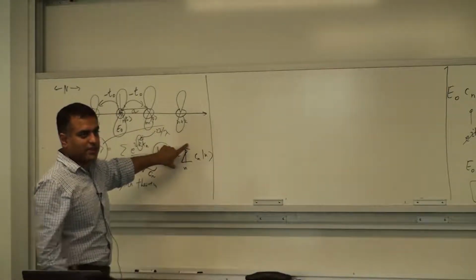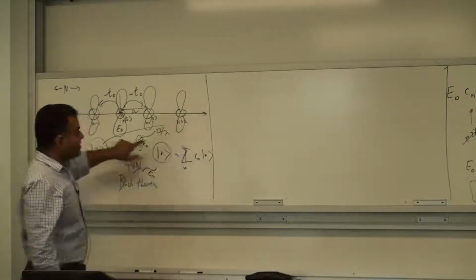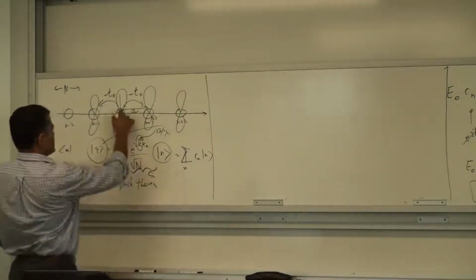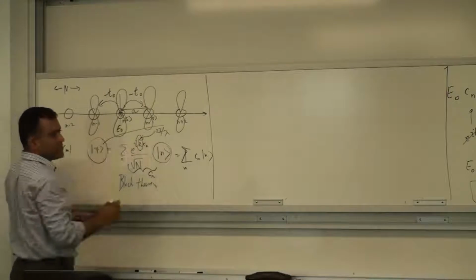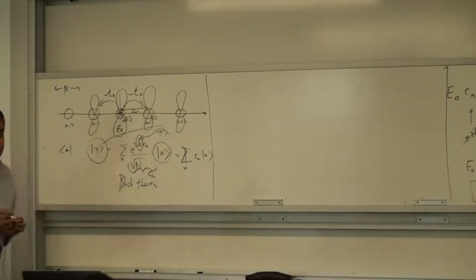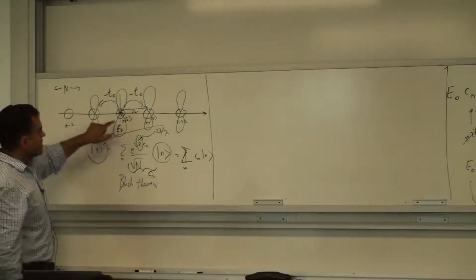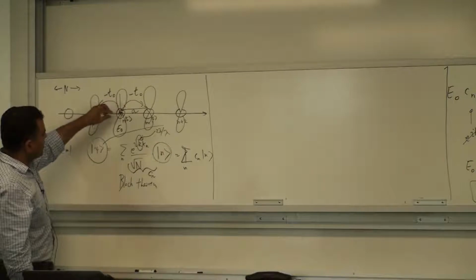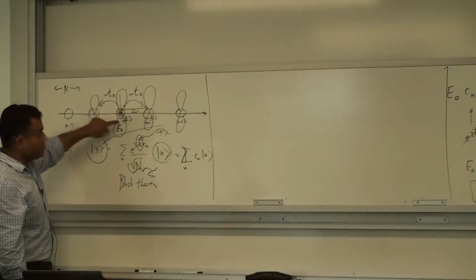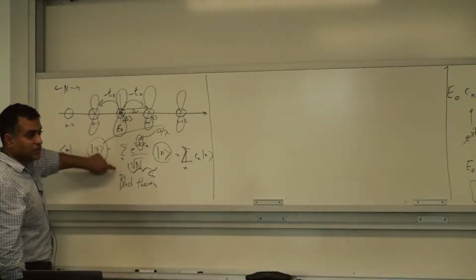I get another band. So if I have one s and three p orbitals, which is typically true for most semiconductors like silicon or gallium arsenide, that is sp3, one s and three p orbitals. Then you have four on-site energies, E1, E2, E3, E4.